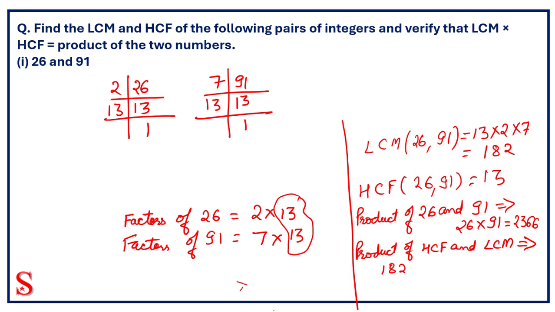It's 182 and the HCF is 13. So we have to multiply 13 with 182. What would be the answer? It is again 2366. Hence proved that LCM multiply HCF equals the product of the numbers that is given in the question, or the numbers whose HCF and LCM we have found.